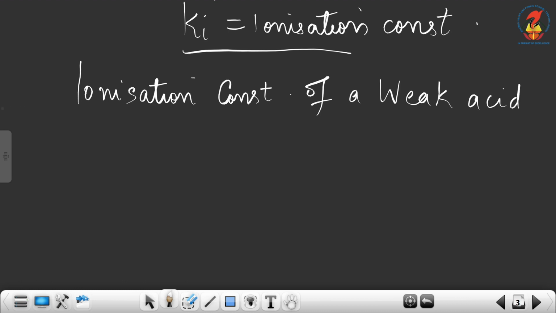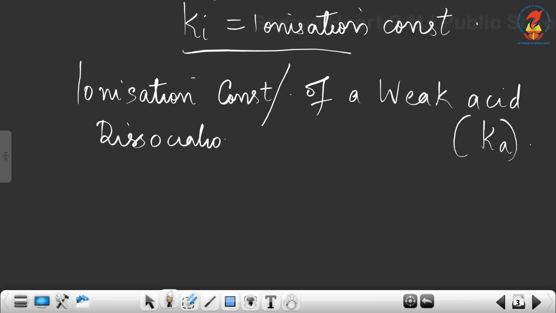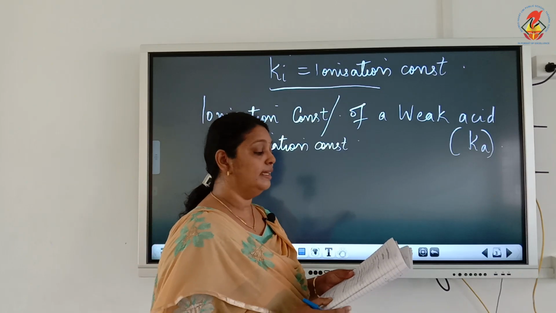Here the electrolyte taken is acid. The ionization constant is denoted by Ki, but since the electrolyte taken is an acid, it is denoted by Ka. Or instead of ionization constant, you can also say dissociation constant of a weak acid, denoted by Ka.